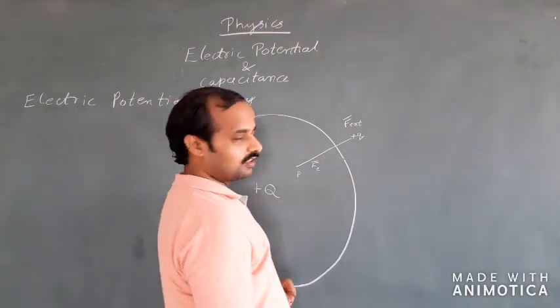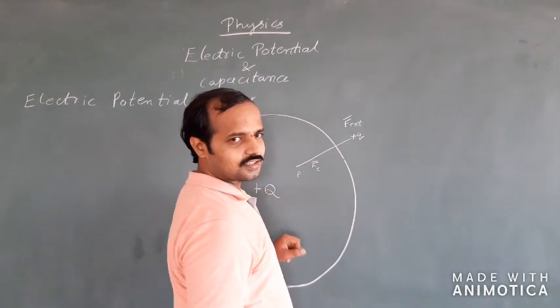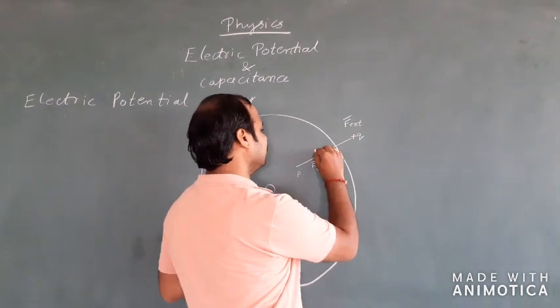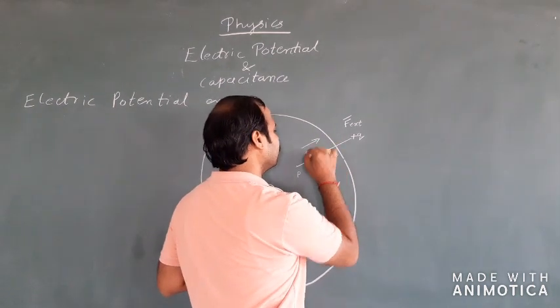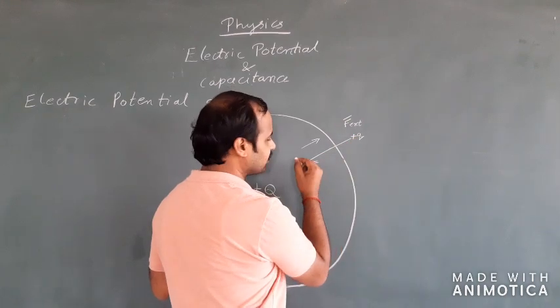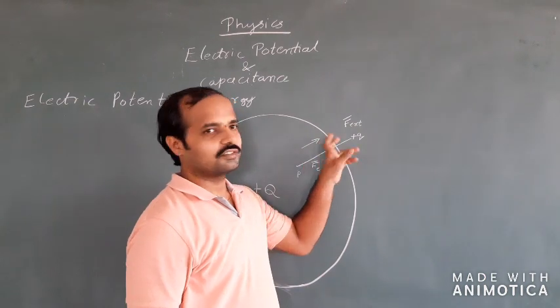Now remember one thing: since the test charge is positive and the source charge is also positive, obviously there will be a repulsive force in the outward direction. That is, as soon as this positive charge enters the electric field, it is going to experience a repulsive force.